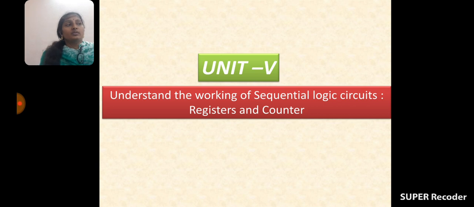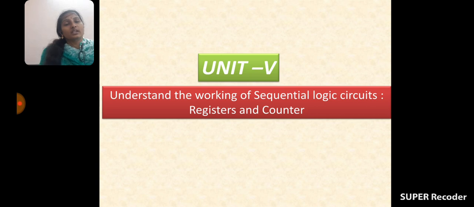Means the output is flying between 0 and 1. This condition is called race around condition. To avoid it, we developed the master-slave JK flip-flop.